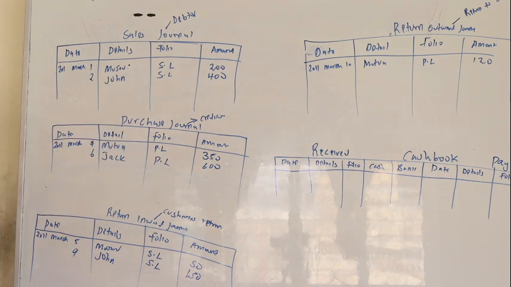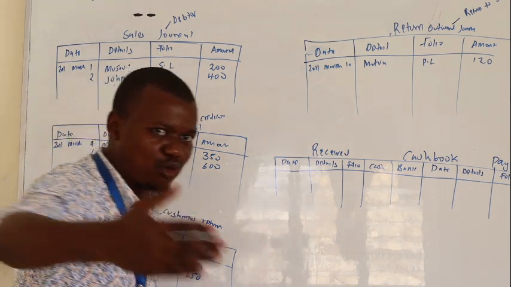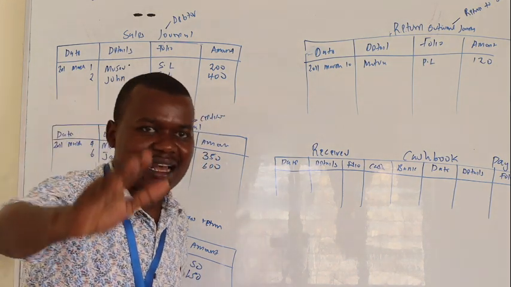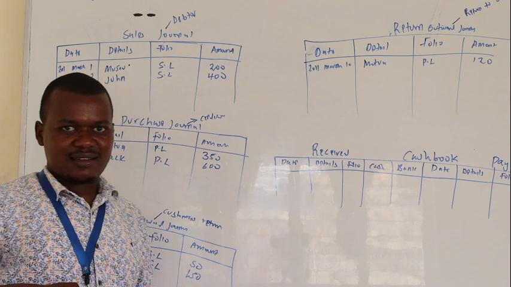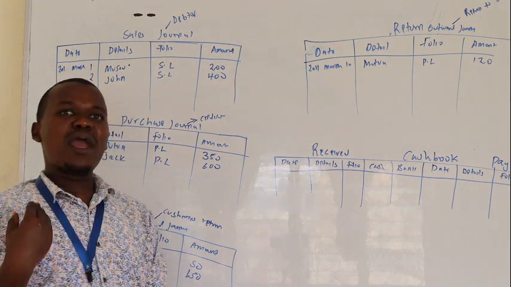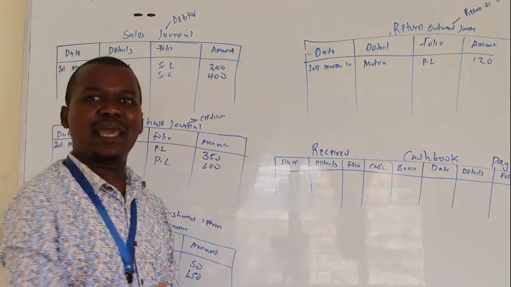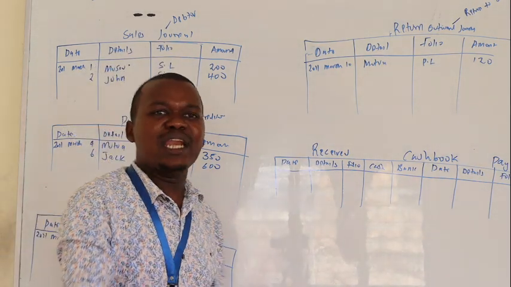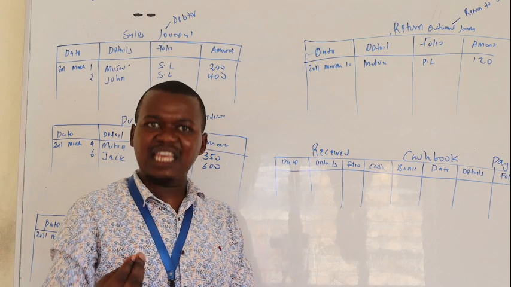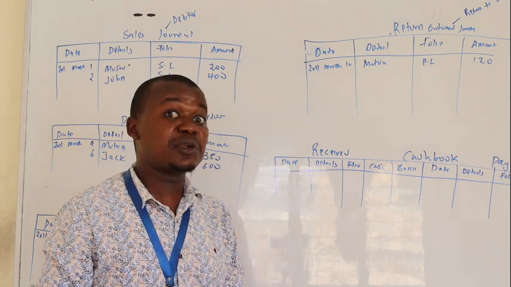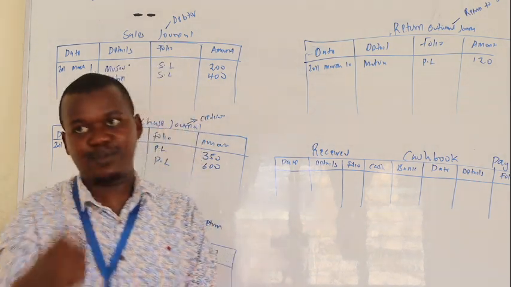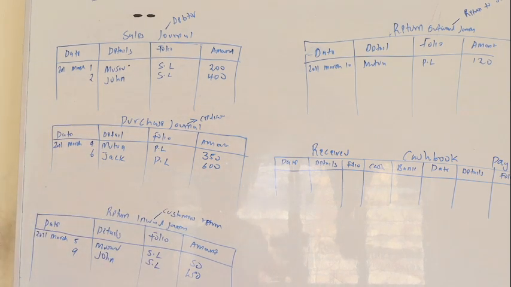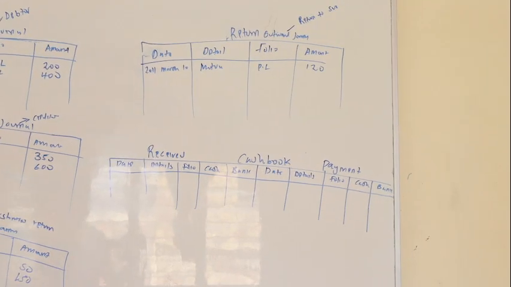So if we are paying, money is going out. We pay to the suppliers, customers pay to us. Get the 2 scenarios. So when we are paying, we can pay to the supplier. We can pay an expense. When we are receiving, we can receive from debtors and also we can receive incomes. So this scenario, tutaambiwa we paid a supplier.